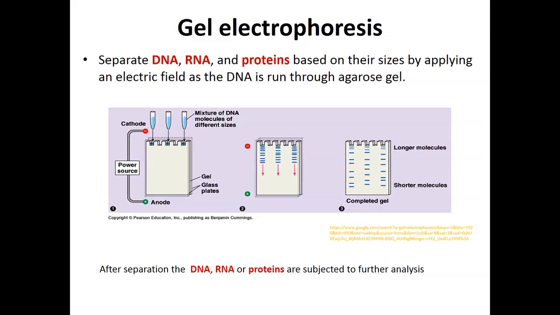Now, the next one is gel electrophoresis. Gel electrophoresis is an important technique, as I always think about what you have as a sample. If you have an RNA sample, a DNA sample, or a protein sample, in many cases the analysis starts with gel electrophoresis to separate the molecules you have.